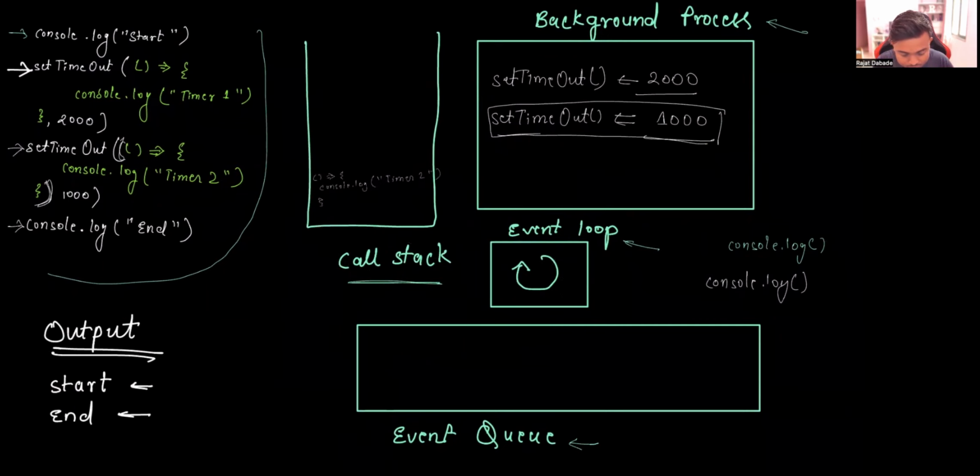Let me just make it small. Okay, over here, like this, right? And this function will get executed. And what is the output of that? Obviously, timer2, right? So here we'll get timer2.